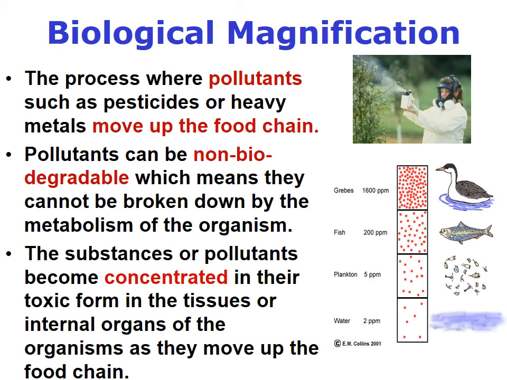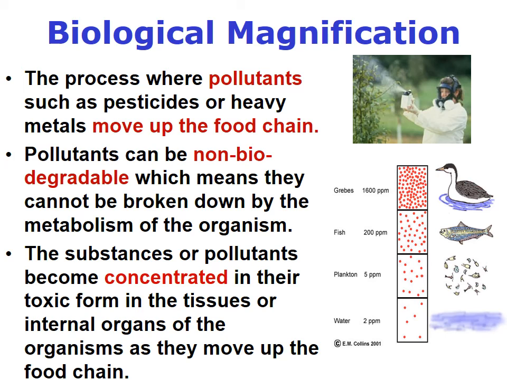Because you need more and more energy, the duck at the top here has to consume lots and lots of fish. Well, each of those fish had to consume lots and lots of plankton. Each of those plankton had to suck in some water. So you can see originally you start out with 2 parts per million of this toxin. The plankton have to drink the water, so they get about 5 parts per million.